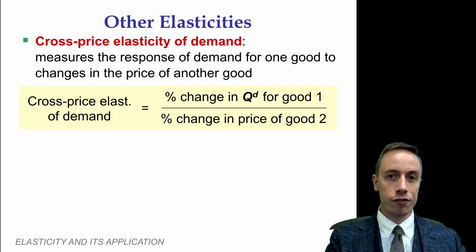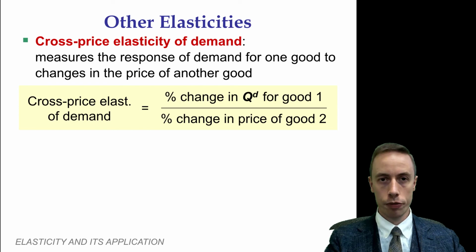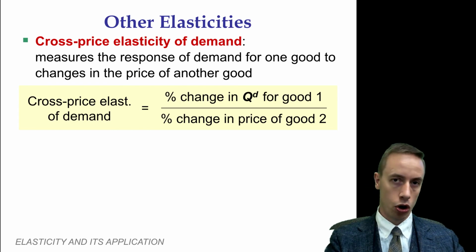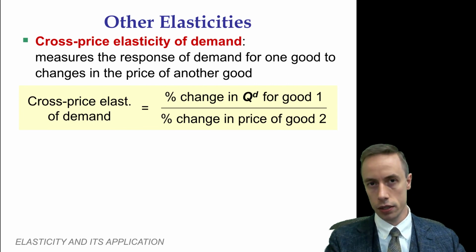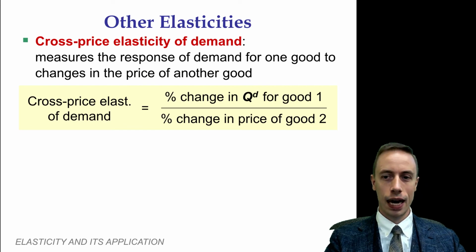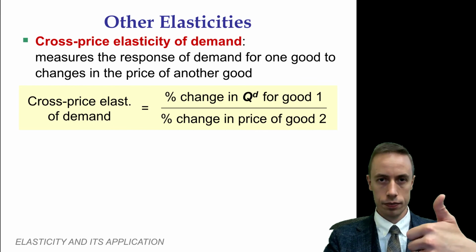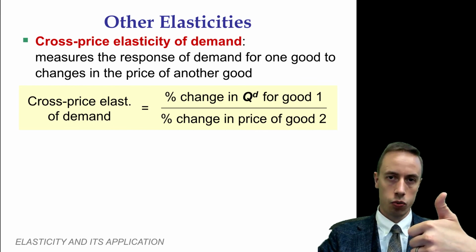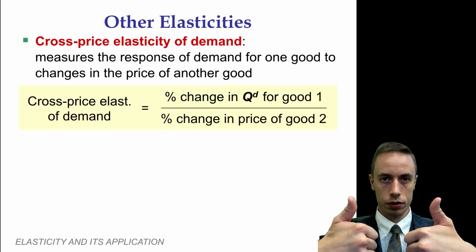Again, you have to sign your percentage changes here because the relationship can be substitute or complement. Let's think about substitutes first. Let's talk about gasoline and electric vehicles. If gasoline becomes more expensive, positive price, we'll see a higher quantity demanded for electrics, positive quantity change.